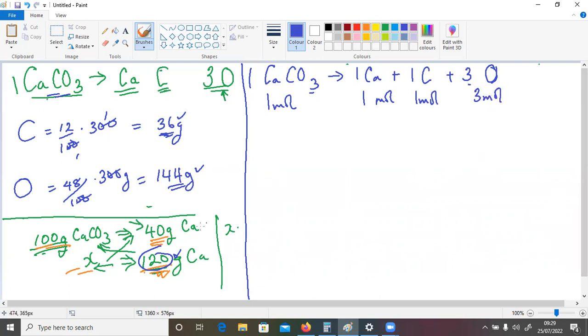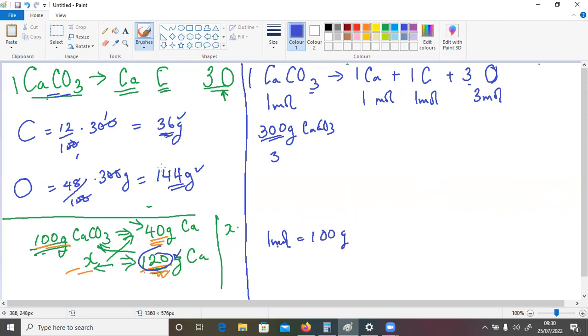Then we are told that we have 300 grams of calcium carbonate. So I need to convert this to moles. From the previous calculation, I'll say 1 mole of calcium carbonate is equal to 100 grams.